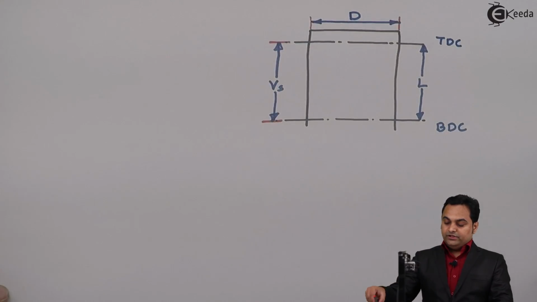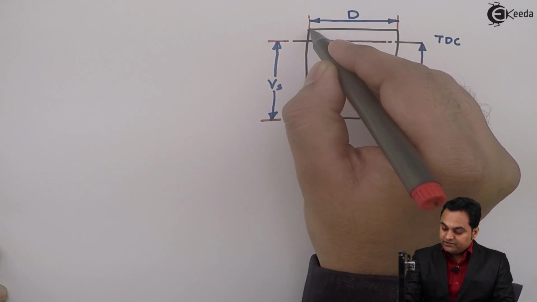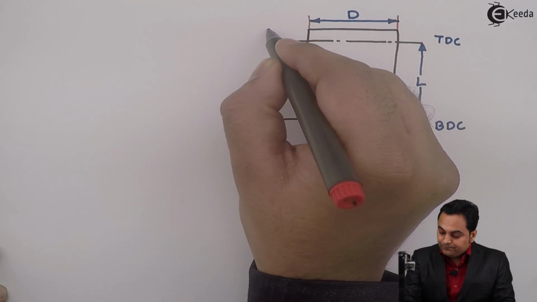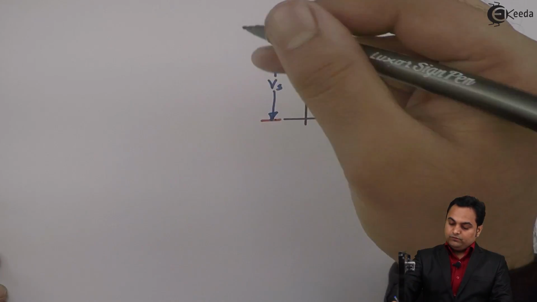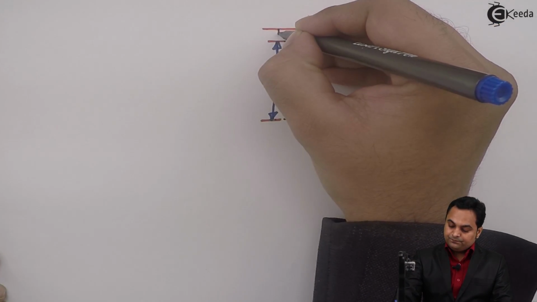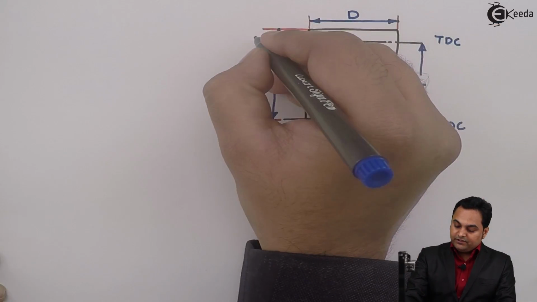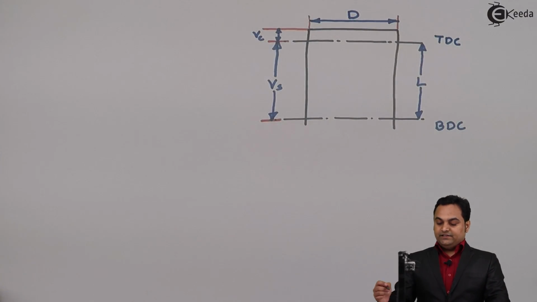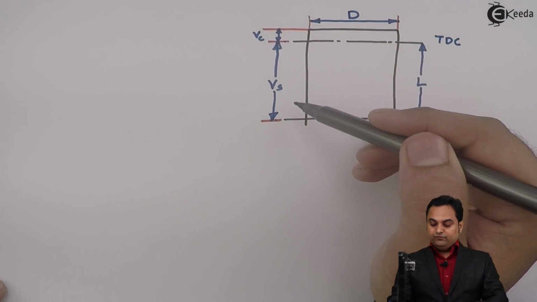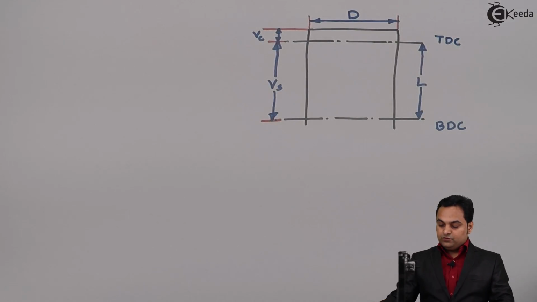Then whatever is there above the swept volume up to the cylinder head, this is the top cylinder head, so the volume above TDC and up to the cylinder head will be called the clearance volume. And if we add clearance volume with swept volume, that is going to give us the cylinder volume.